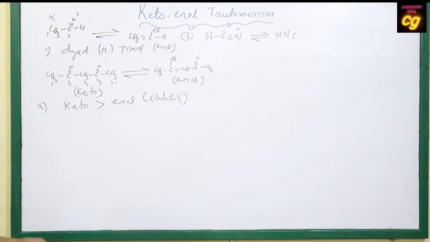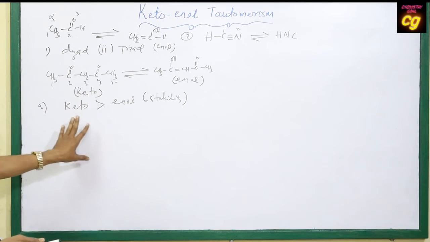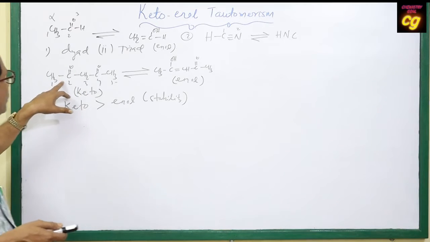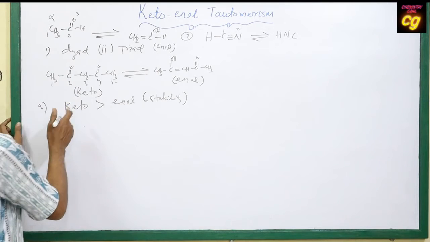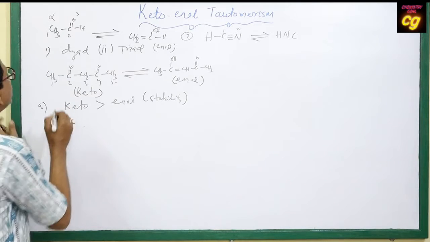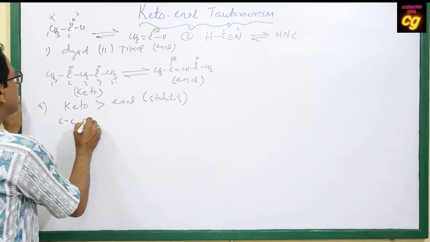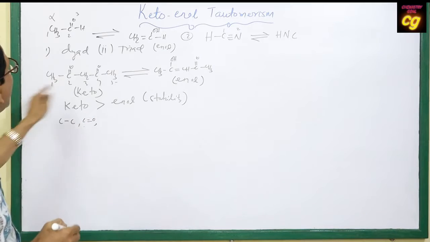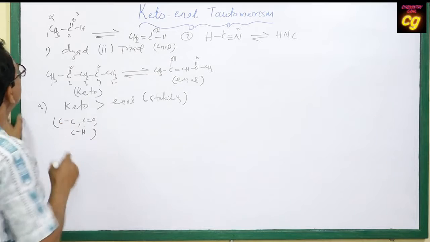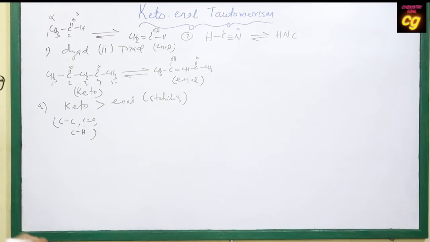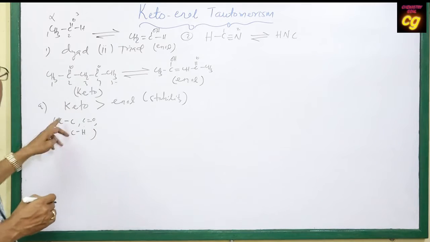Why is the keto form thermodynamically more stable? In the keto form, C=O bonds, C-C bonds and C-H bonds exist. So three types of bonds exist in the keto form: C=O, C-C and C-H.